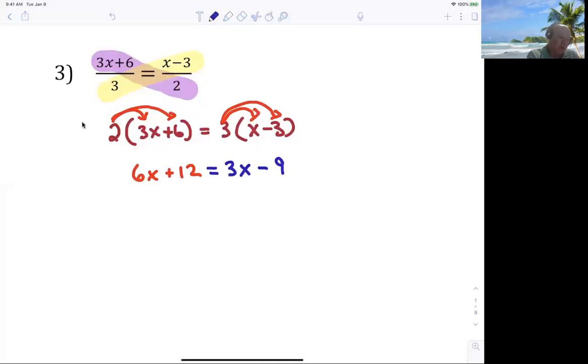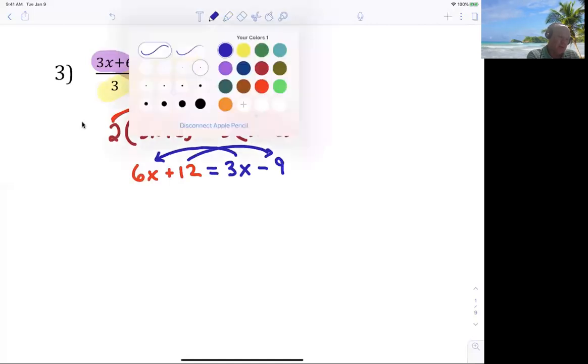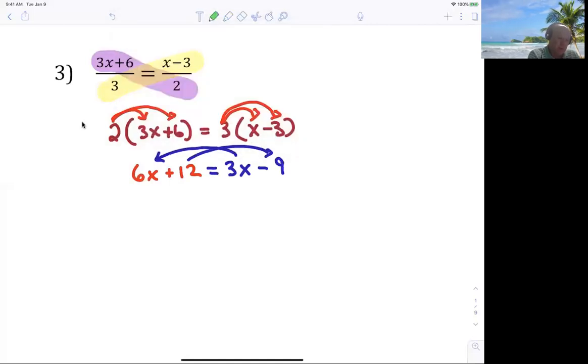I want to try to move the variables to the left and the number to the right. All right, so in order to do that properly, we have to subtract 3x, subtract 3x. Then we're going to subtract 12, subtract 12.